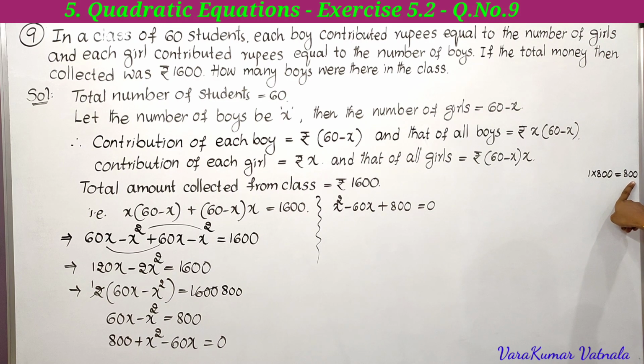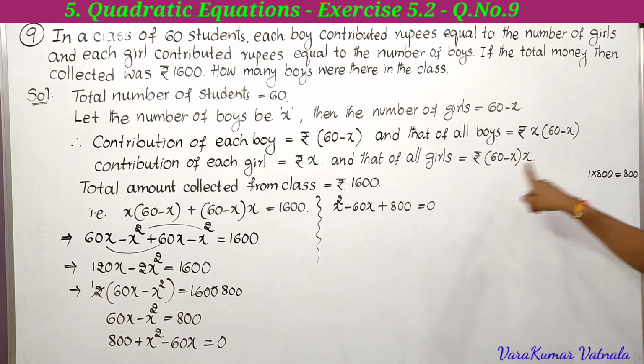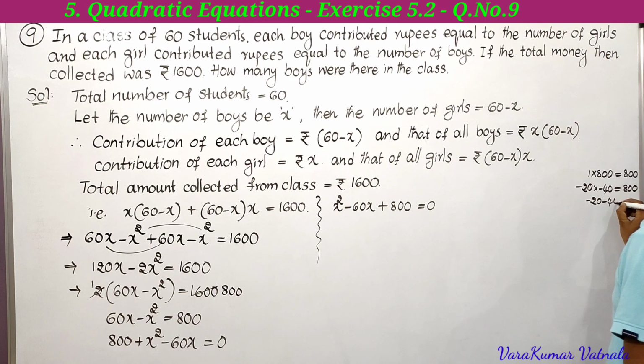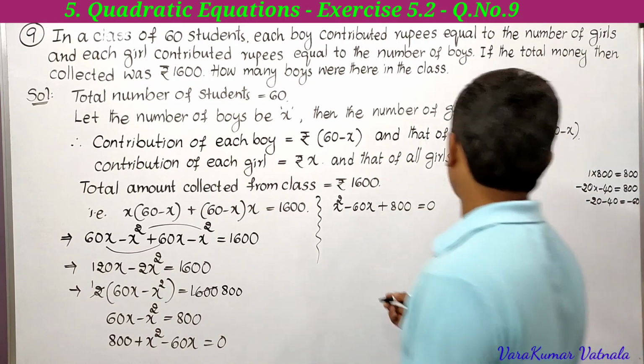The condition is their product should be plus 800 and their sum should be minus 60. Suppose I select minus 20 into minus 40. Minus 20 into minus 40 is plus 800 and minus 20 minus 40 is equal to minus 60. So these two are the required factors.